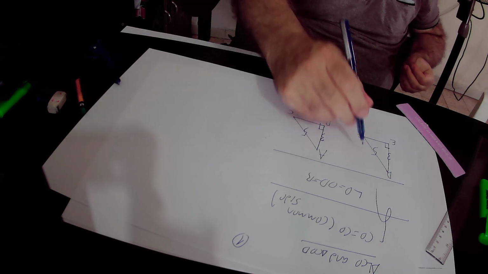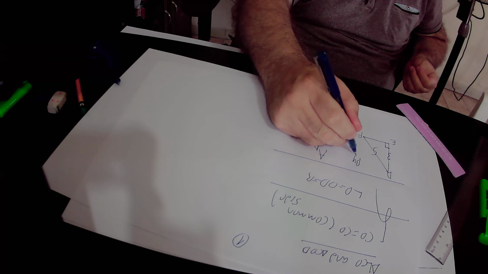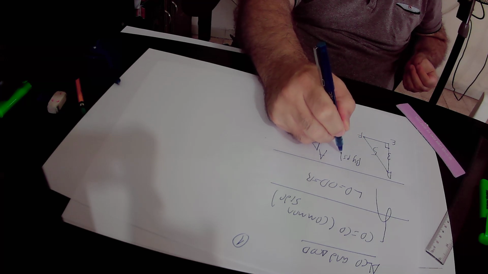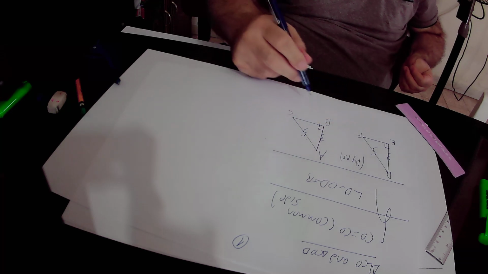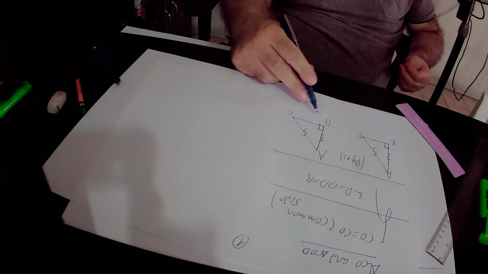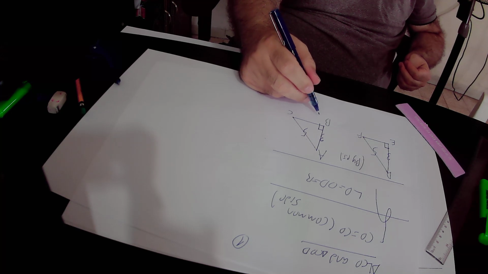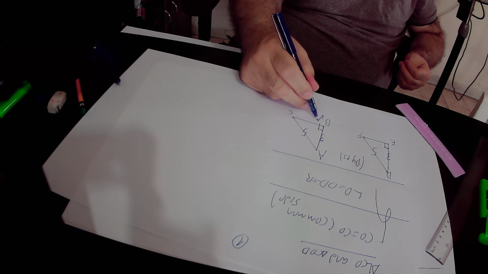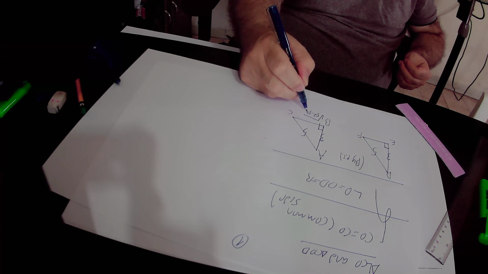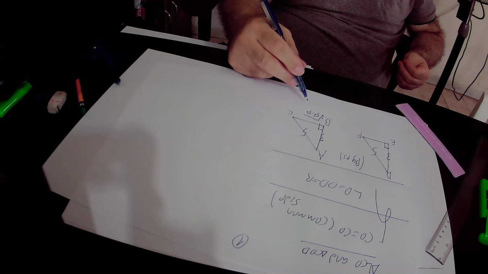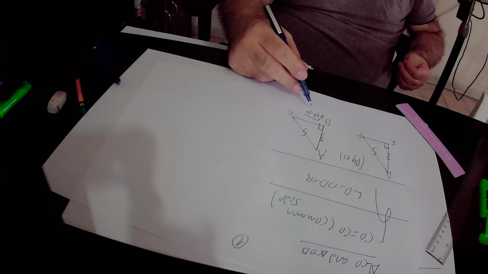Why? Because according to the Pythagorean theorem, we get the missing side BC. What is the value of side BC? It will be equal to the square root of 5 squared minus 3 squared. 5 squared is 25, minus 3 squared is 9, and 25 minus 9 is 16.